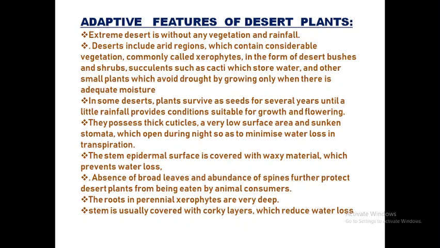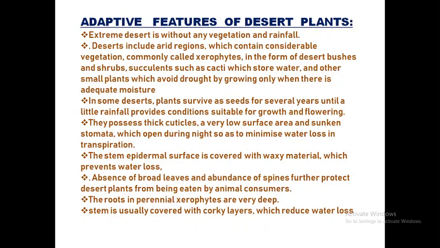In the desert plant, always you can see they possess thick cuticle and a very low surface area and sunken stomata. Three things I have mentioned here. The first one is thick cuticle. Why? Cuticle is thick to retain the water so that water doesn't go out.